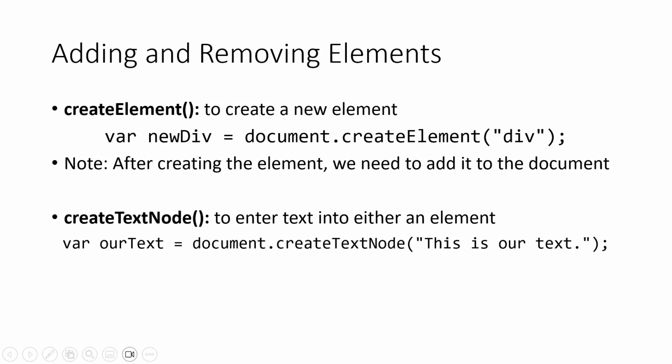The next one is you can also add or remove elements, which is very interesting. For example, you can create new elements using createElement. Here, within the document, we create an element called div. So this is the creation.